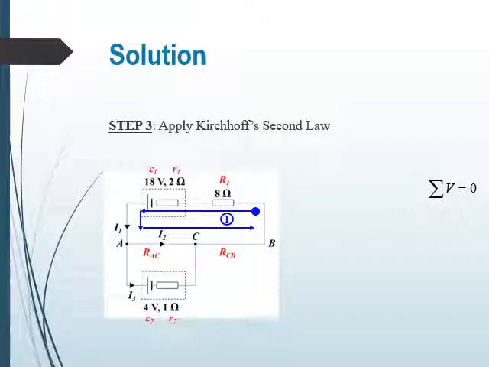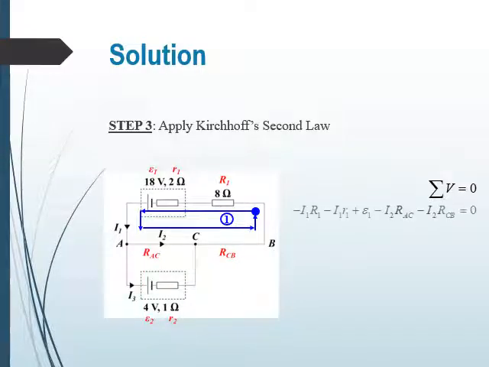Since I split it into two resistances just now, in our equation I'm going to substitute it as I2 RAC and I2 RCB. And both of them are going to be negative values because I2 is pointing in the same direction as the loop. So now let us continue. As the loop goes back to the original position, there's nothing more along this vertical wire.